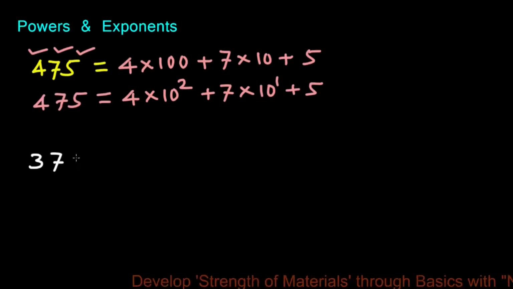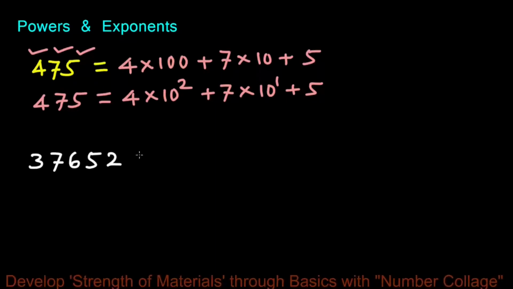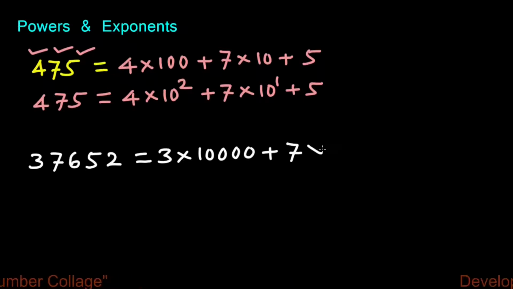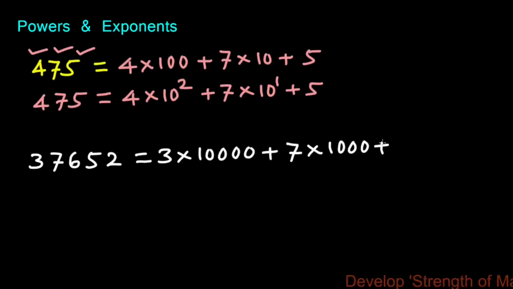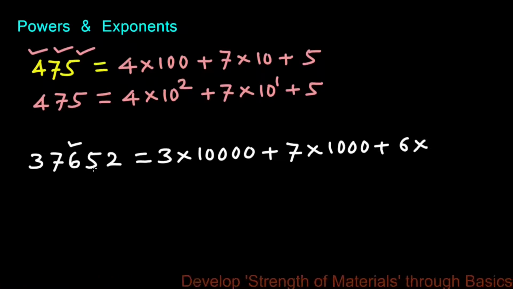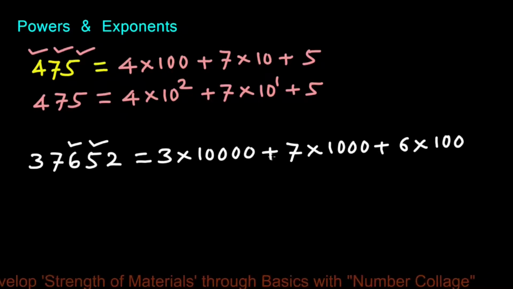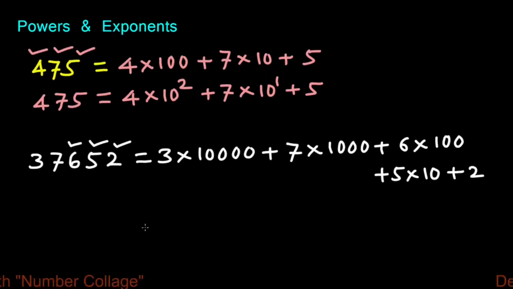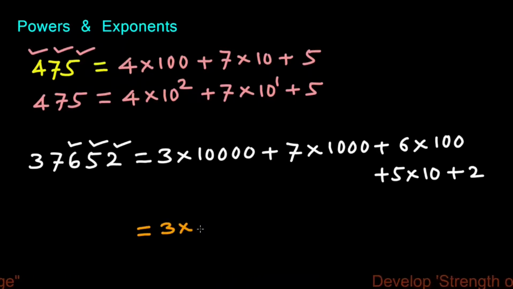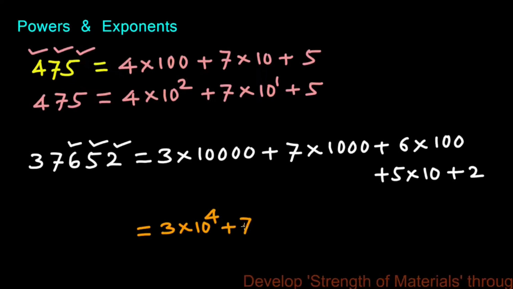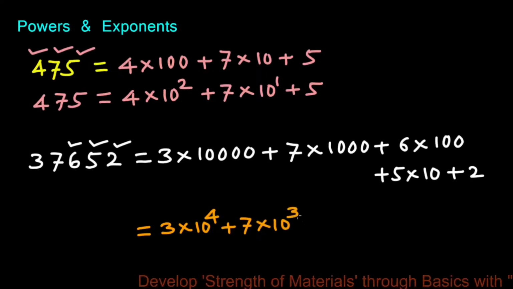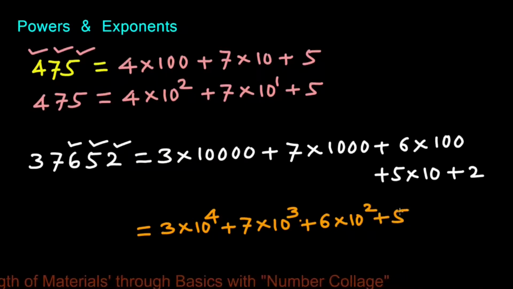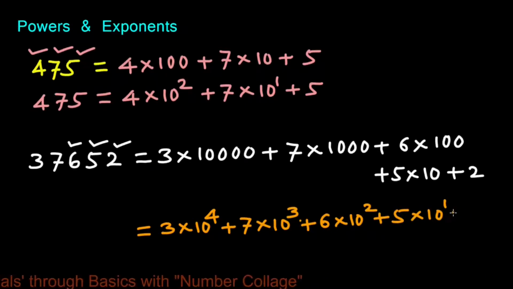We can write 37,652 as 3 multiplied by 10,000 plus 7 multiplied by 1000 plus 6 multiplied by 100 plus 5 multiplied by 10 plus 2, which also becomes 3 multiplied by 10 raised to 4 plus 7 multiplied by 10 cube plus 6 multiplied by 10 square plus 5 multiplied by 10 raised to 1 plus 2.